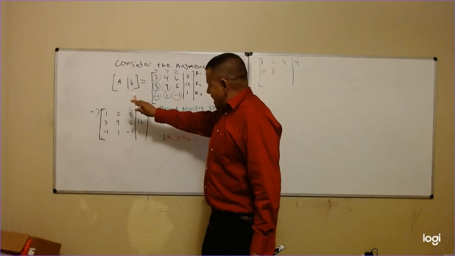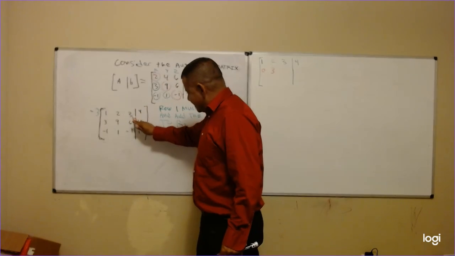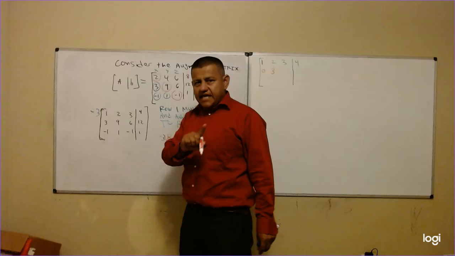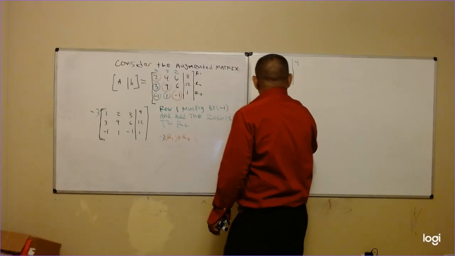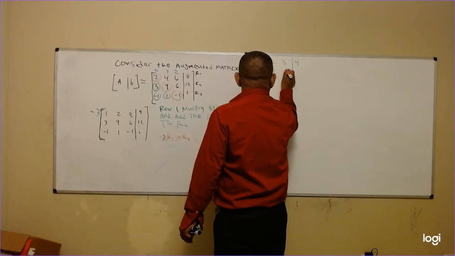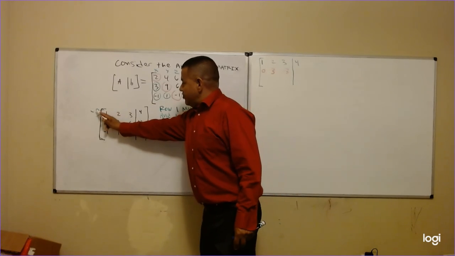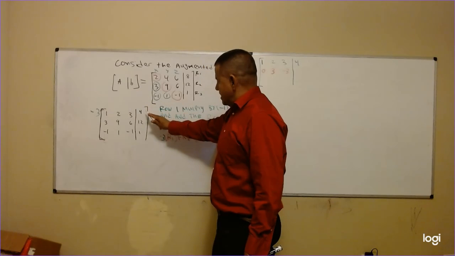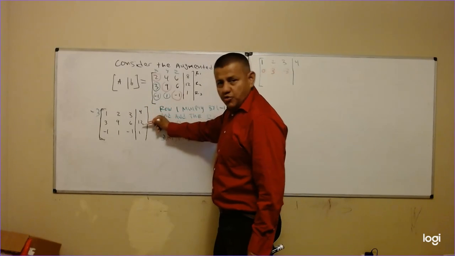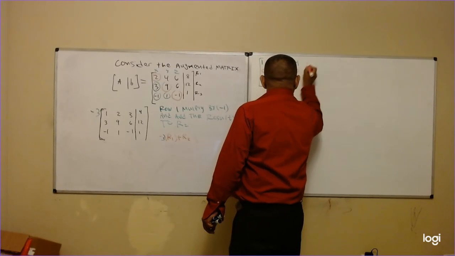Negative 3 times 3 is negative 9. Negative 9 added to 6 is negative 3, right? So this is a negative 3. Negative 3 times 4 is negative 12. Negative 12 plus 12 is 0, right?